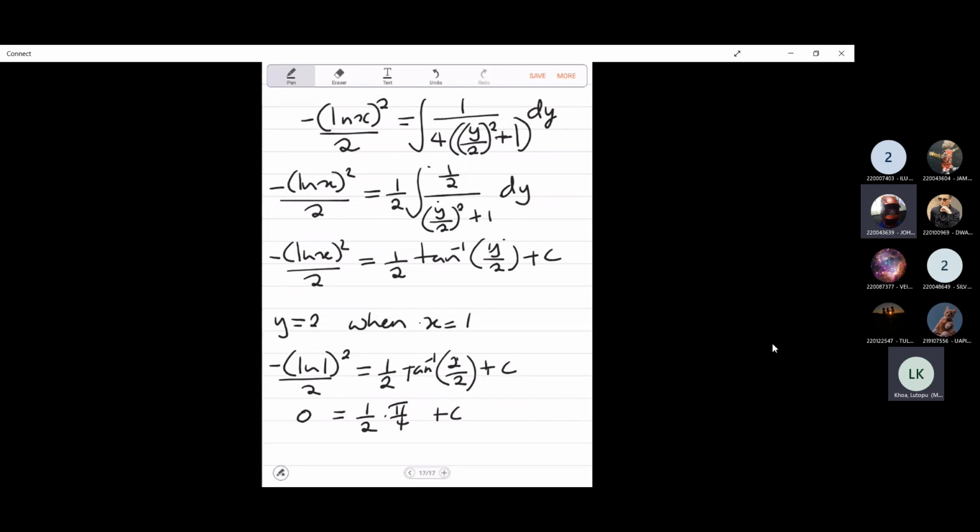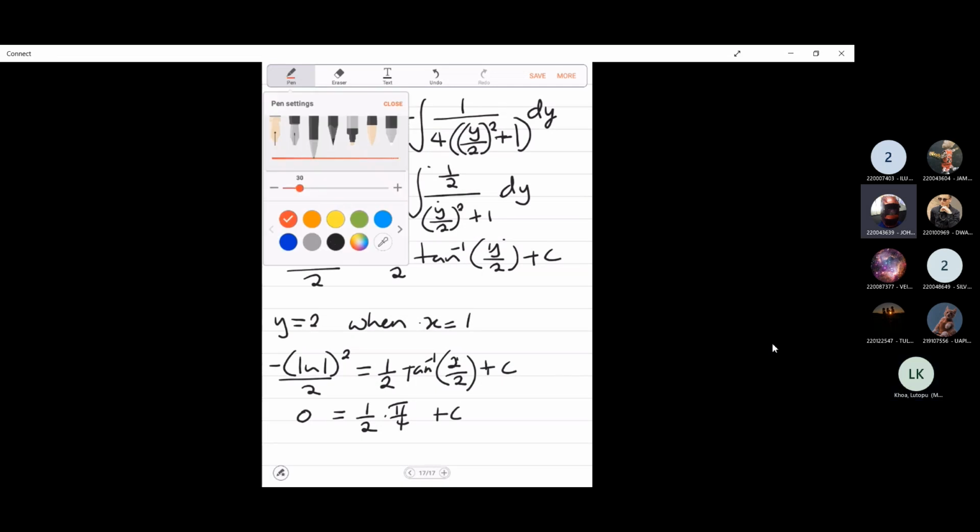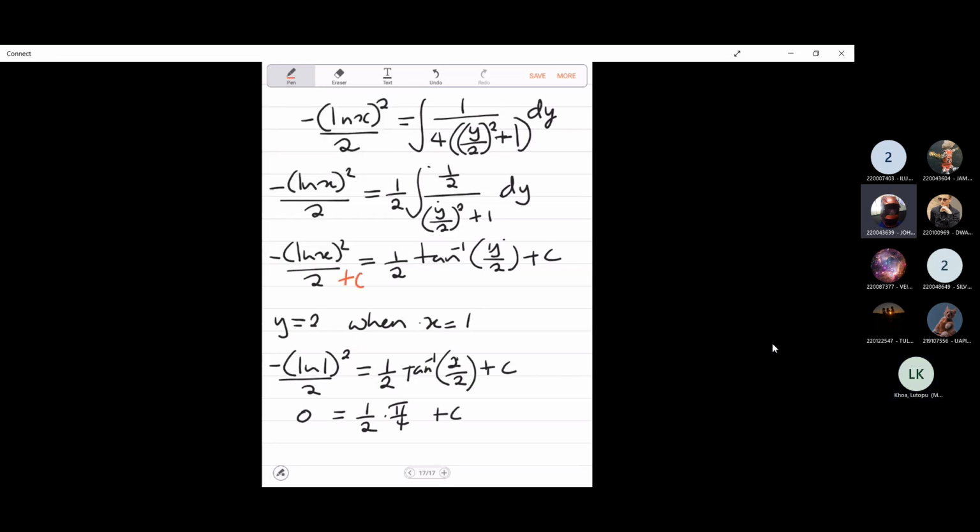What about the C on the left-hand side? I took it to the right-hand side and added it. You would say negative ln x squared divided by, yeah, if you take it to the other side, you only subtract and cancel out those. No, not if you're assuming that it's the same constant, but it's not necessarily the same.